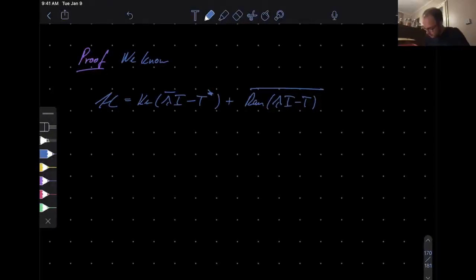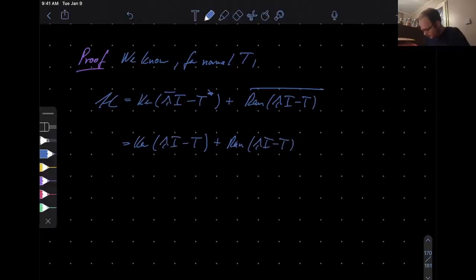And then since you are in the normal situation for normal T, the first one is just the kernel of lambda I minus T plus the range of lambda I minus T that you close up. And they are complementary, right? So the intersection of these two guys is 0. Okay?